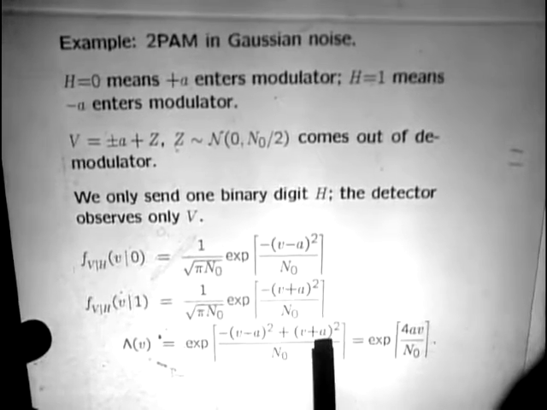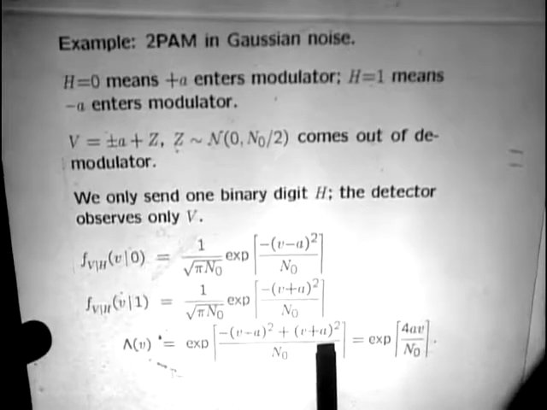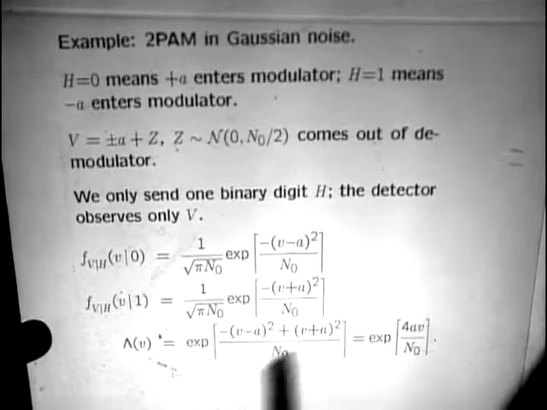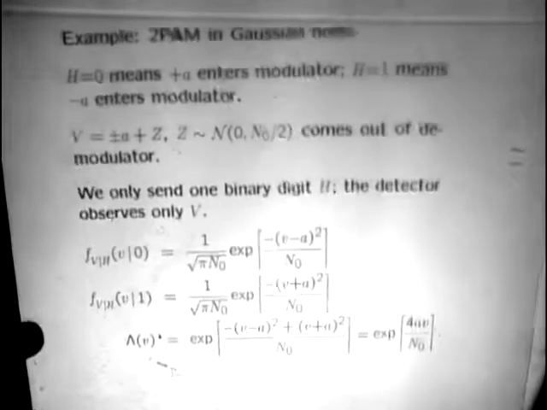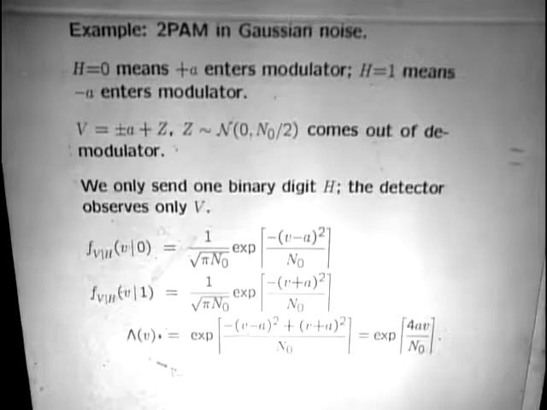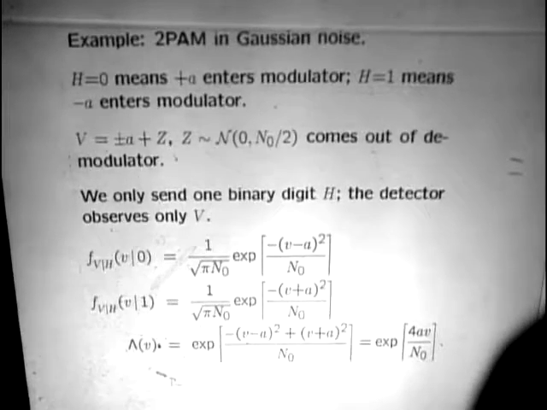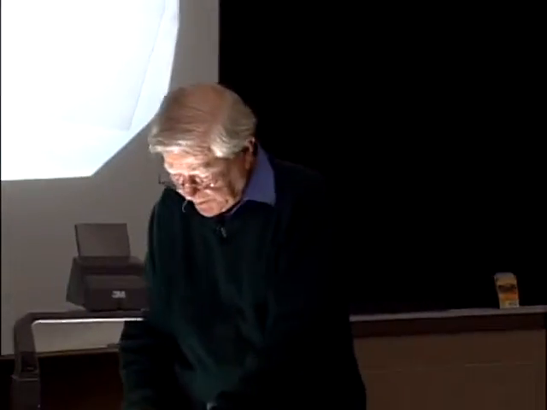The a squared here cancels out with the a squared here, and it's only the inner product term that survives. Here you have plus 2va, here you have plus 2va. So you wind up with e to the 4av divided by N0, which is very nice, because what it says is this likelihood, which is what determines everything in the world, is just a scalar multiple of the observation. And that's going to simplify things a fair amount. It's why that picture comes out as simply as it does.